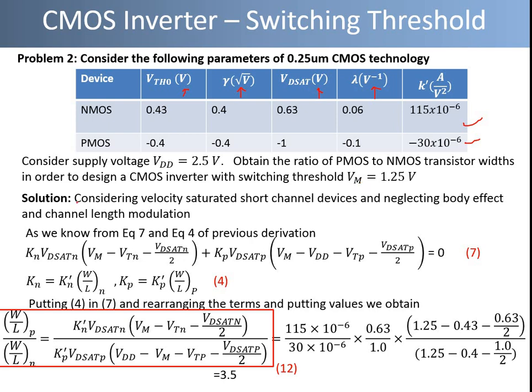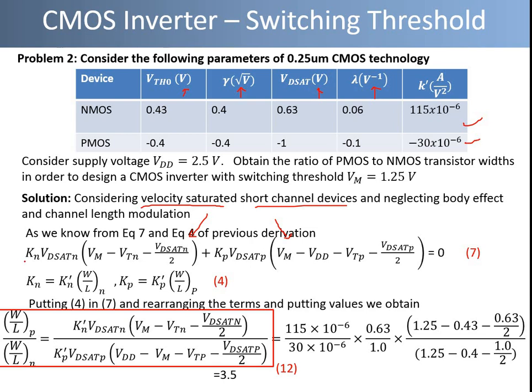Now let us consider that these transistors are short channel devices and they are in saturation region because of velocity saturation. And if we neglect the body effect and channel length modulation, we have the expression for their drain saturation current as this. This equation comes from our previous derivation.